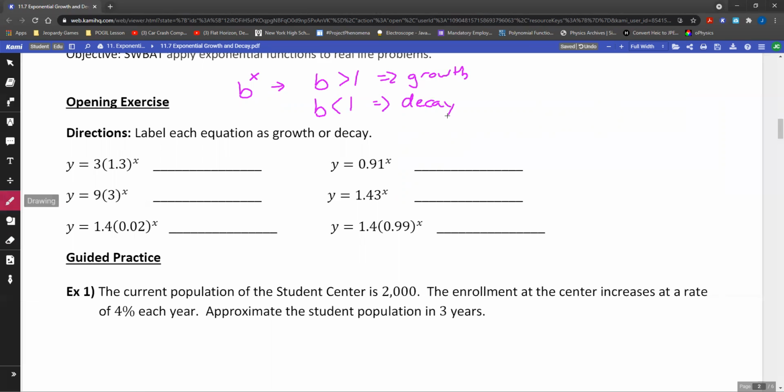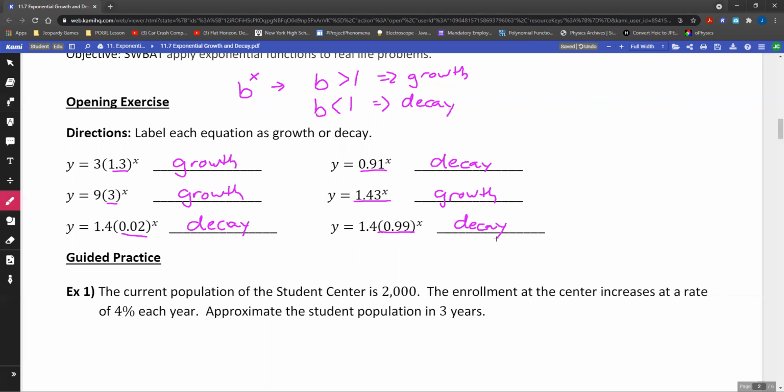So going through these, this first one is bigger than 1, so this would be growth. That's bigger than 1, this is also growth. That's less than 1, that's decay. That number's less than 1, that's decay. That's greater than 1, so this is growth. And that's less than 1, this is decay.